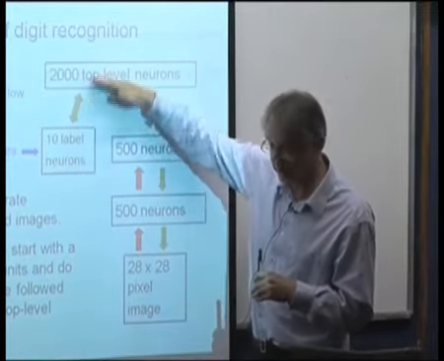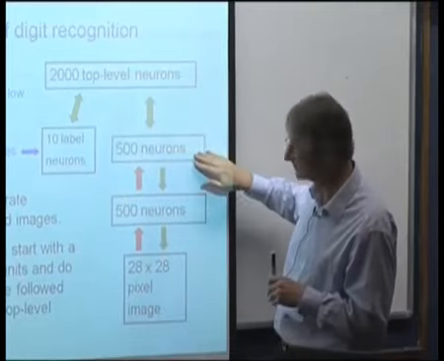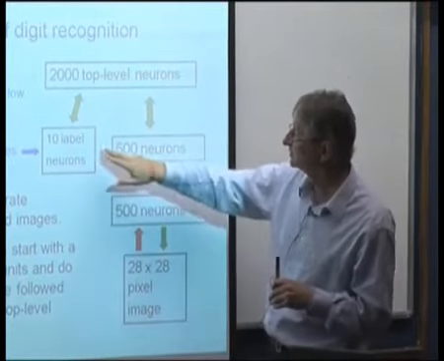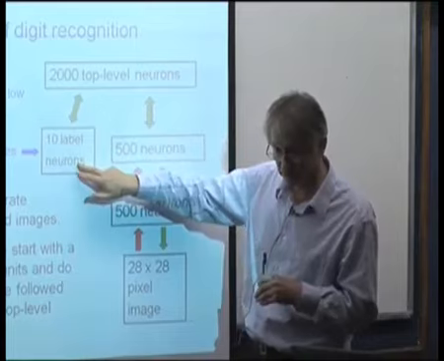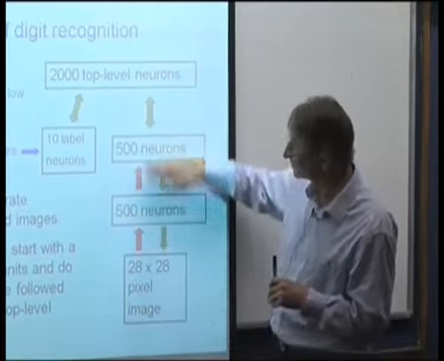So this top level thing is going to be a restricted Boltzmann machine that's going to be modeling the joint density of these feature detectors and the label here. But notice when we learned all this stuff, we didn't need to know the label. This was learned without knowing the label.